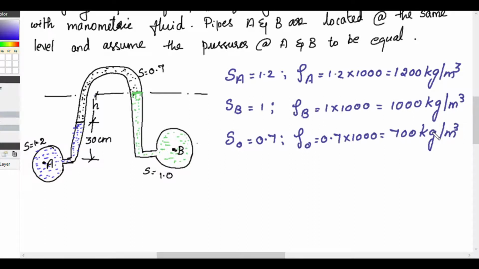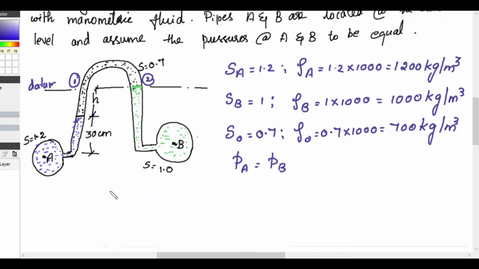Now, it is also given that pressure at A is equal to pressure at B. Now we will consider this as the datum line. So pressure at 1 will be equal to pressure at 2.